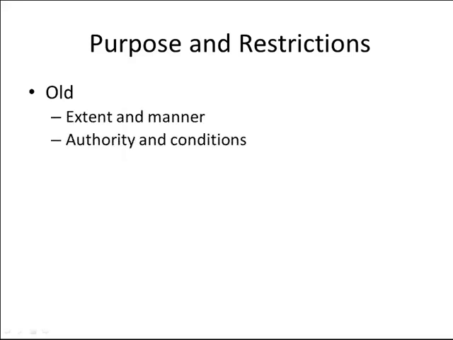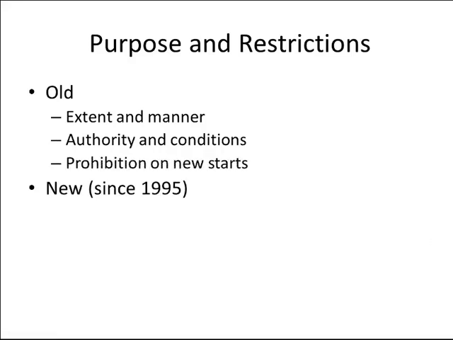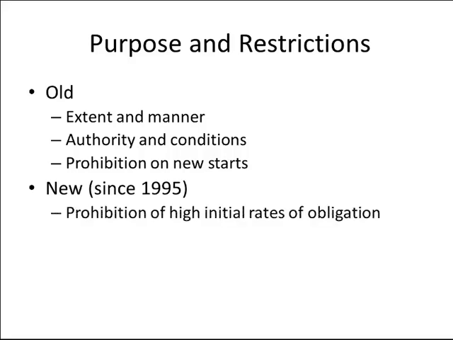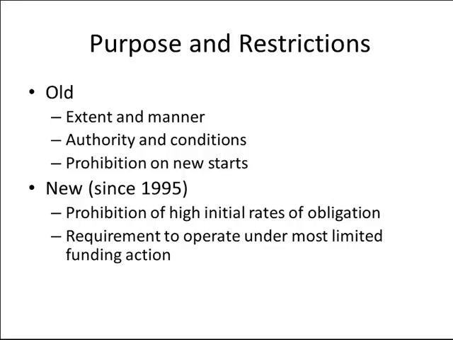In the old group we have extent and manner, authority and conditions, and the prohibition on new starts. In the new group we have the prohibition of high initial rates of obligation, the requirement to operate under the most limited funding action, and flexibility to avoid furloughs.